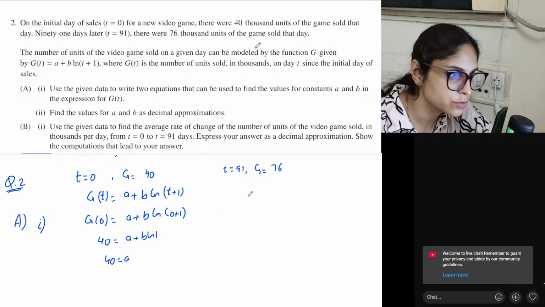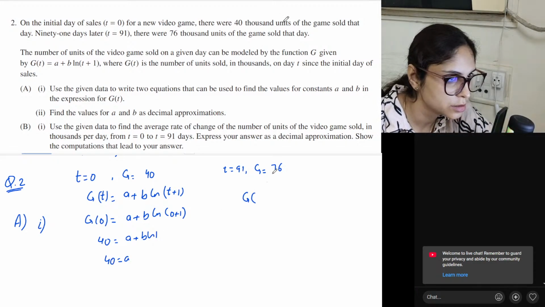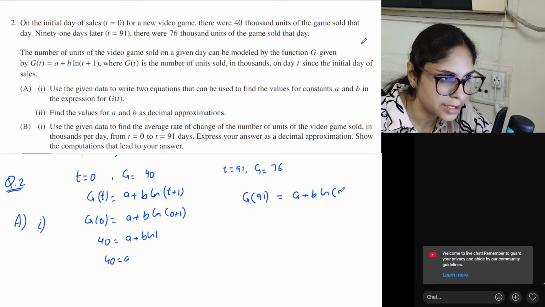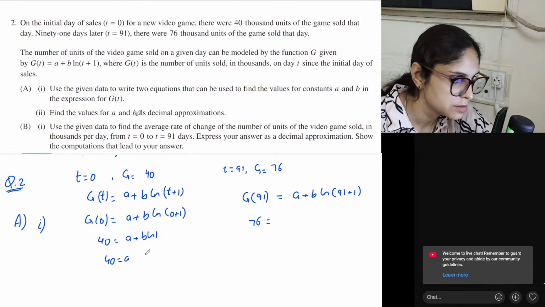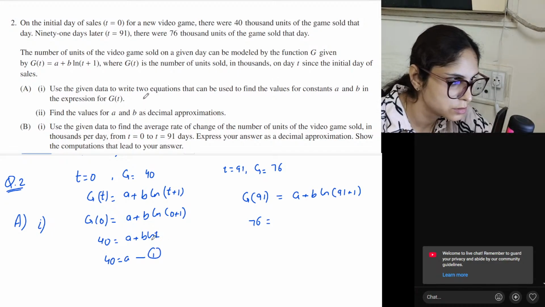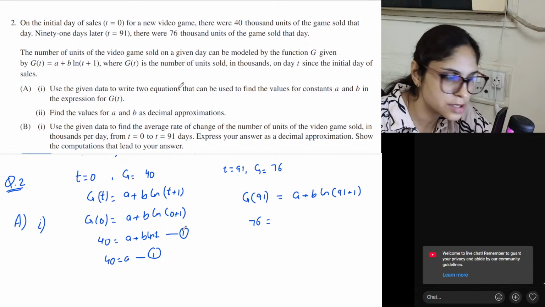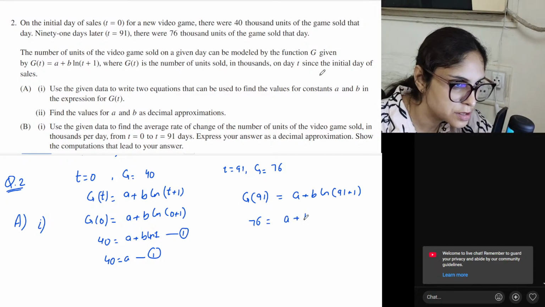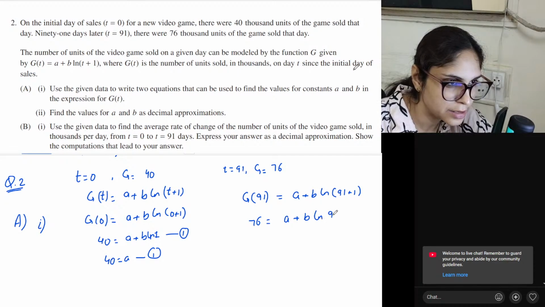Now the second equation would be G of 91, because when t is equal to 91, we are seeing the value A plus B ln 91 plus 1. This is 76. 76 is equal to A plus B ln 92.